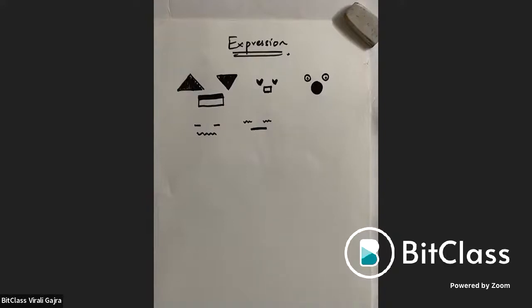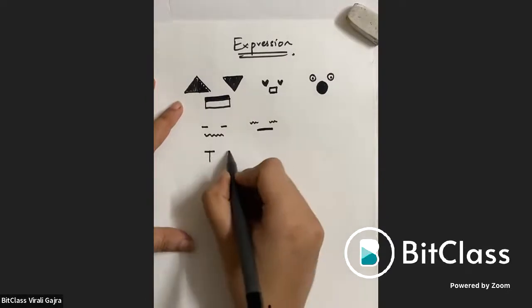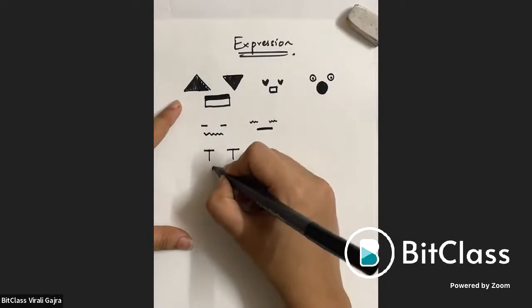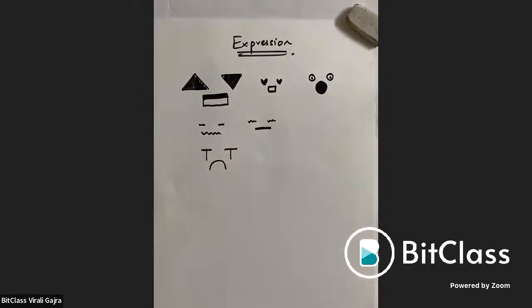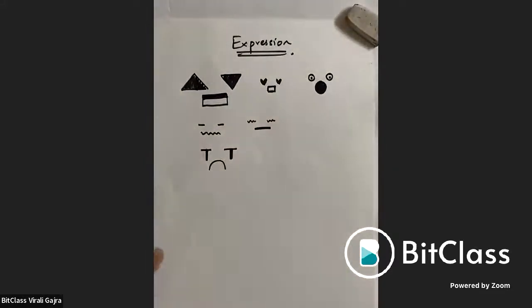Okay, you can also use alphabets for coming up with your own expression. Any random alphabet is completely fine. Maybe I'll take alphabet T over here for eyes. Okay, and one upside down alphabet U over here for this sad face. And as I made a sad face, I'll make these vertical lines a little thick. So maybe a boy or a girl is crying.